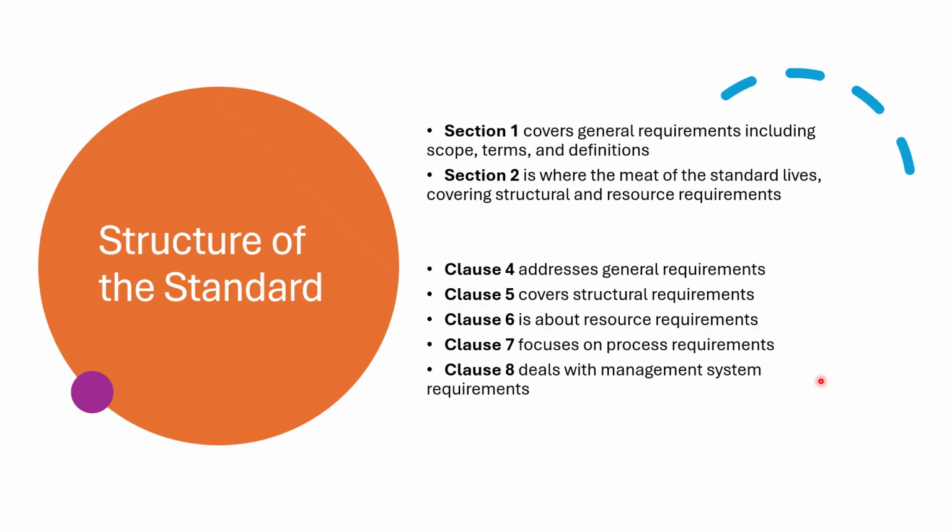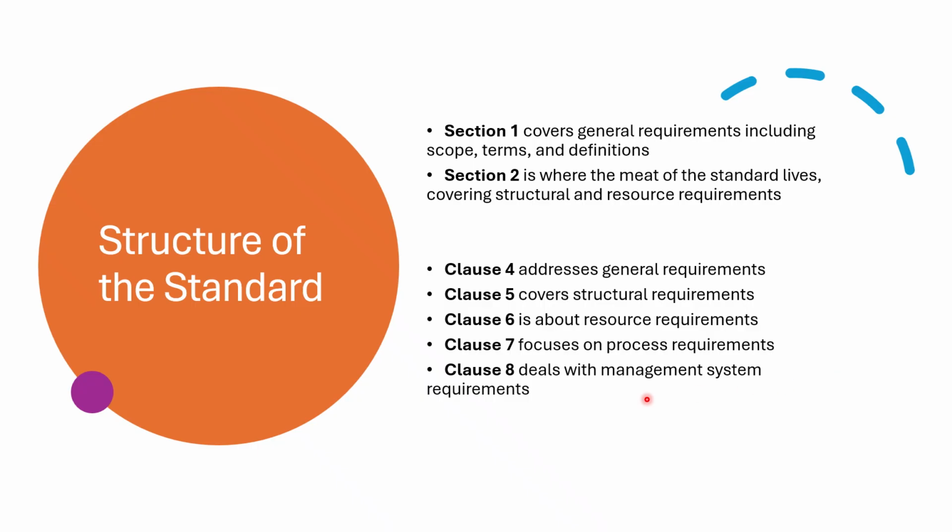In clause number 7, it focuses on process requirements, the actual work you do. This covers review of requests and contracts, method selection and validation, sampling, handling of test items, technical records, evaluation of measurement uncertainty, and ensuring the validity of results.